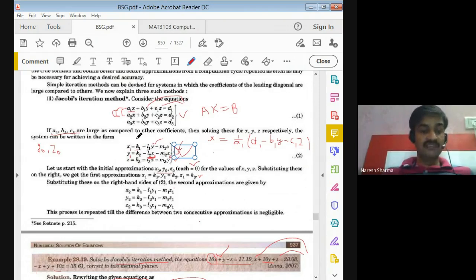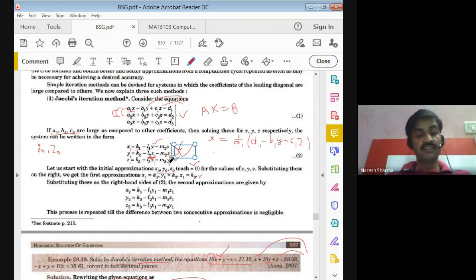Now x1 is available, y1 is available. So for your z1, we can put your x1 here and y1 here. So that means we just need to put the latest value of your x, y, z which is available to us, right?